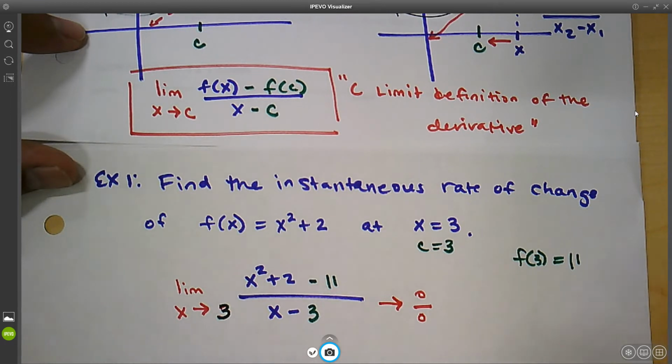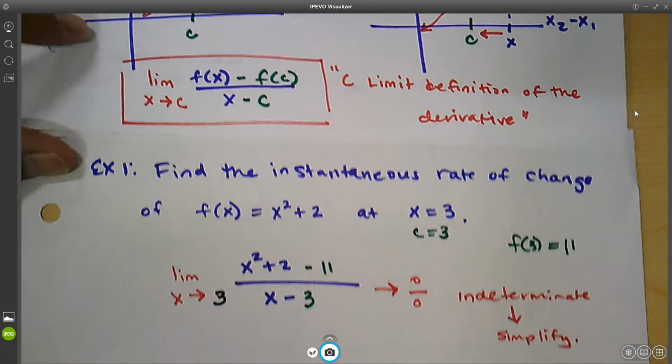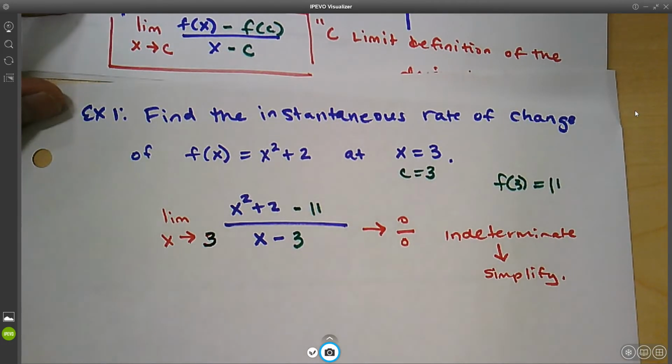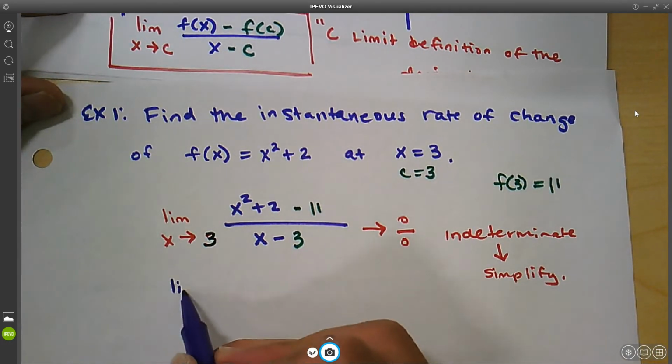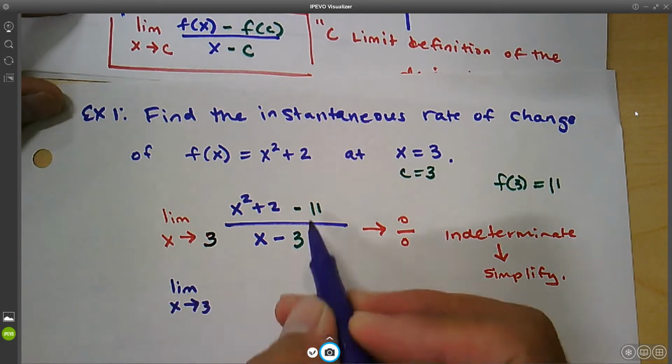Yeah, because the idea is we want them to be very close, so their difference will be 0. Okay, when we get an indeterminate, the strategy was to simplify, and then we'll take a limit again. All right, let's simplify. Since we're only simplifying, we'll keep the limit notation.